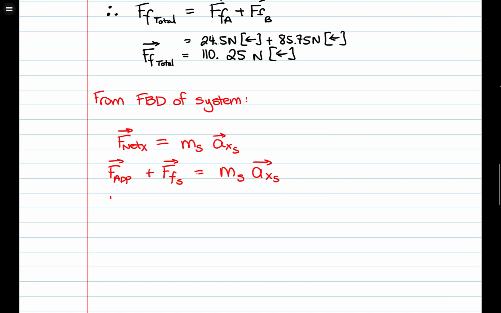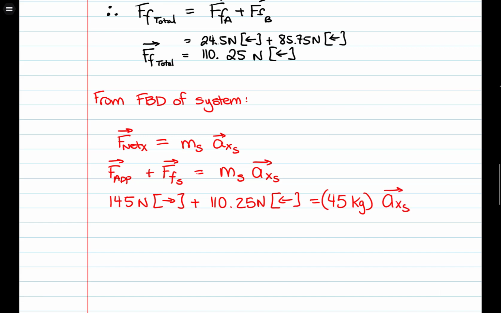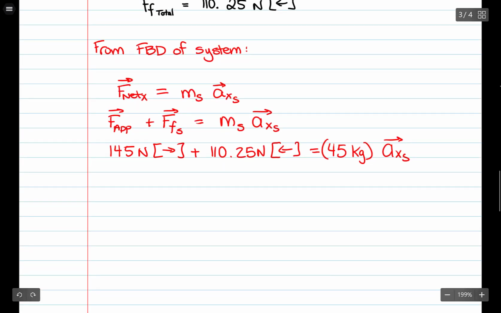All right, the applied force was 145 newtons, and that was acting to the right. The frictional force was 110.25 newtons, and that was acting to the left. The mass of my system, which we calculated earlier, was 45 kilograms. And the only thing left here is the acceleration of our system in the x direction. Let's deal with the left-hand side here.